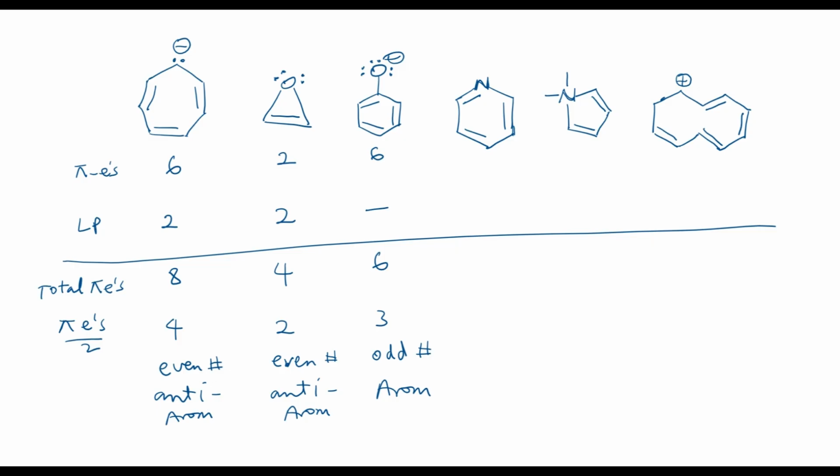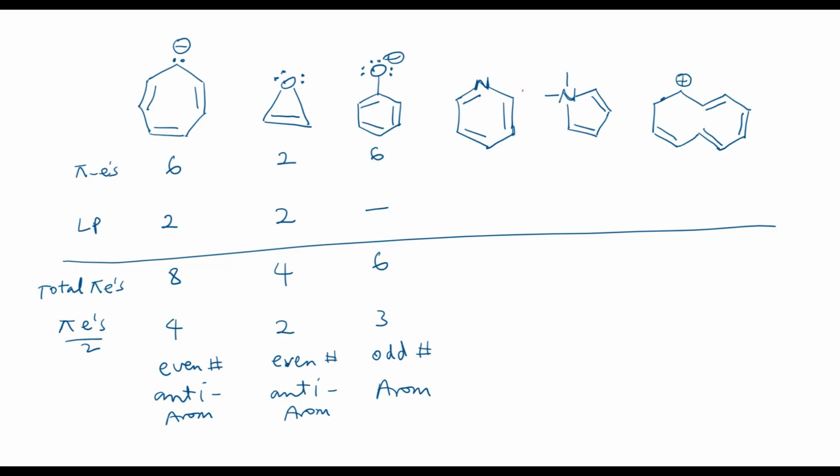On the next one, there is a ring, and all these atoms are sp2 hybridized. So we'll also assume that this molecule is flat. Since this molecule satisfies rules 1 and 2 of aromaticity, we'll go on to determine whether it's aromatic or anti-aromatic.